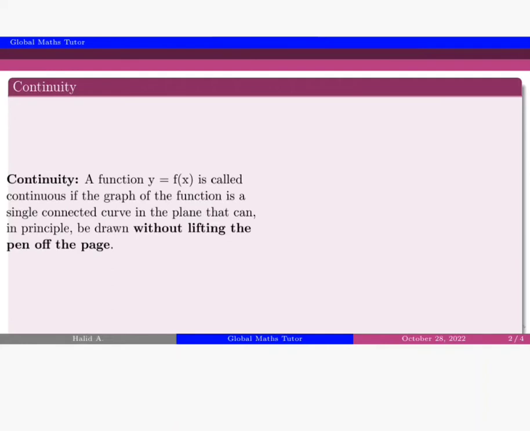In principle, if we can draw it without lifting the pen off the page, then we call the function continuous. If it fails to do so, then the function is discontinuous. But this is the informal definition of continuity.